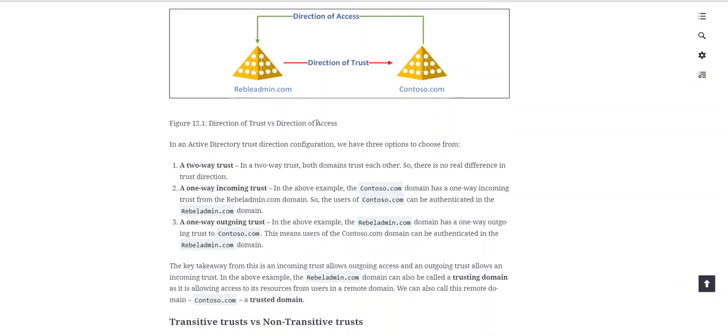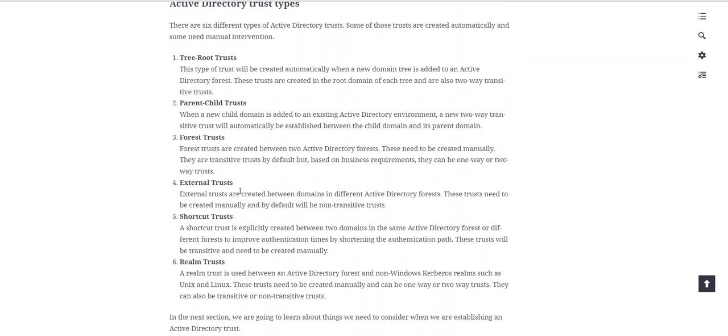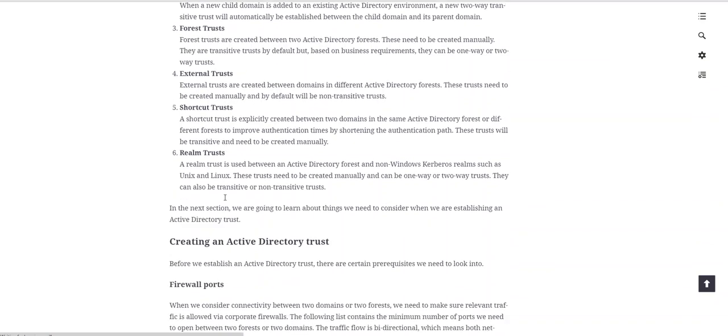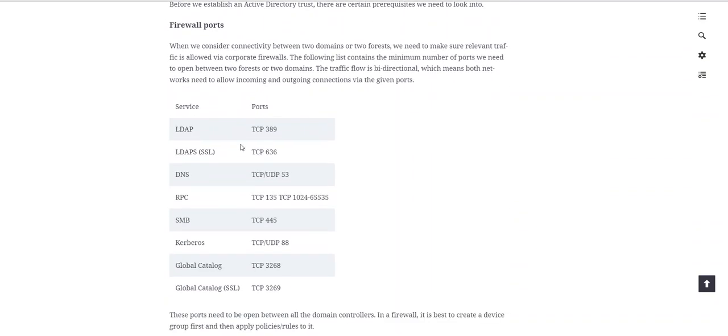So it depends on what we're wanting to do on the directionality of the trust, or whether it's a two-way trust. Okay. So with that said, we've got different types of trusts, and most of them are straightforward in what they are. Okay. So it's not all that brutal.